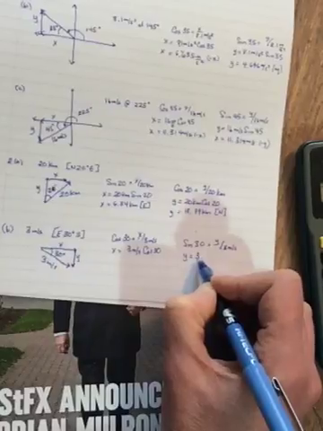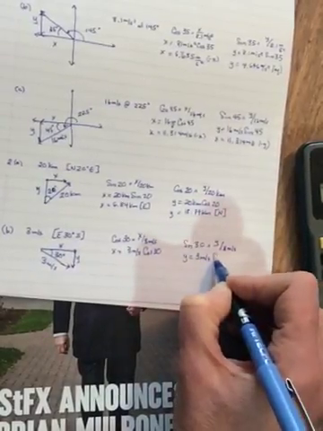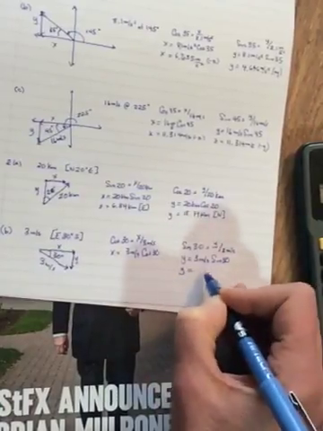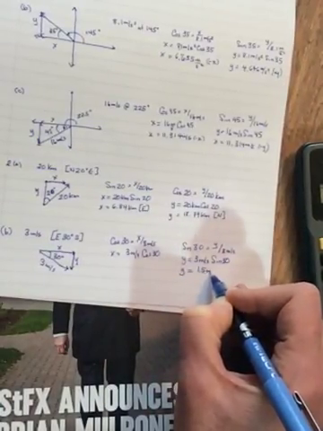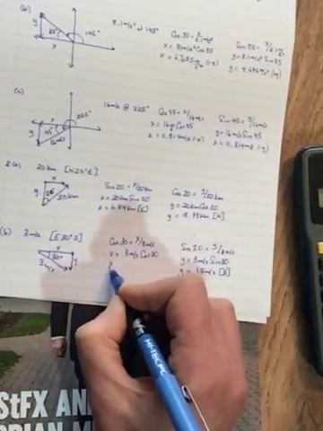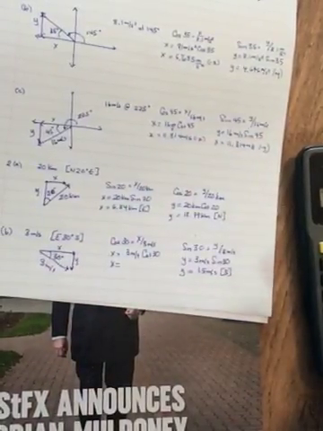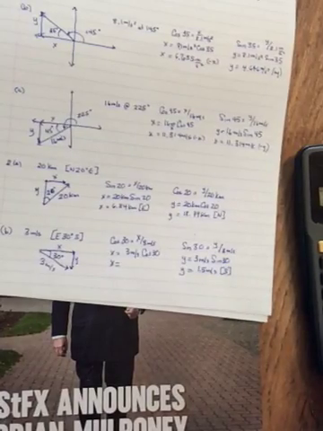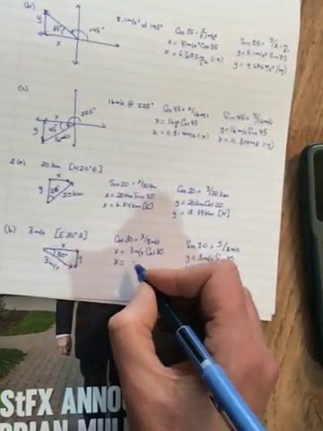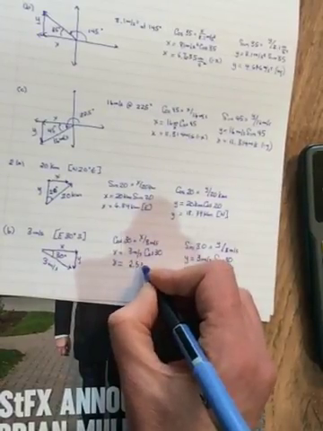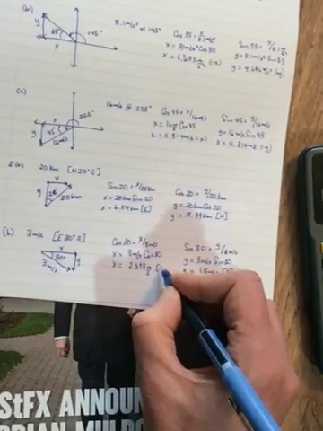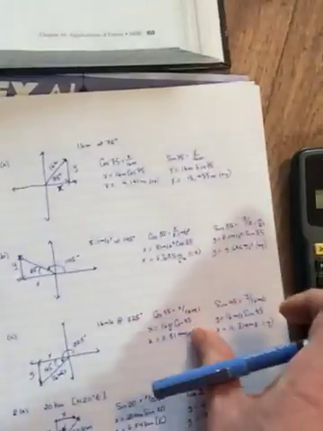Y is equal to 3 meters per second sine of 30. This one we can do in our heads. It's 1.5 meters per second, and that's going to be south. This one, 8.66 times 3 is 2.598 meters per second, and that will be east.